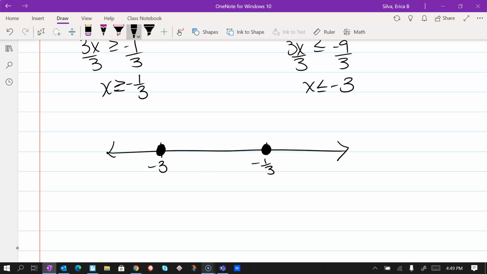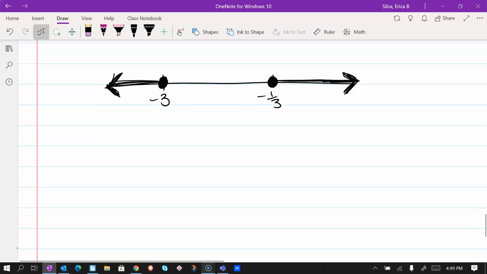X is greater than or equal to -1/3, that means greater is on the right of -1/3. Over here, x is less than or equal to -3. Less is to the left of -3. So in this case, we have a disjunction. So all our x's are less than or equal to -3, or our x's are greater than or equal to -1/3.